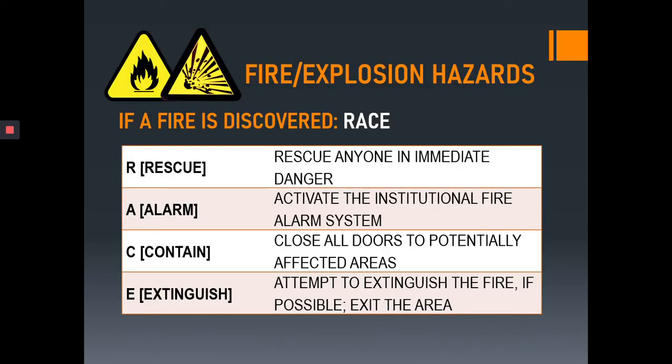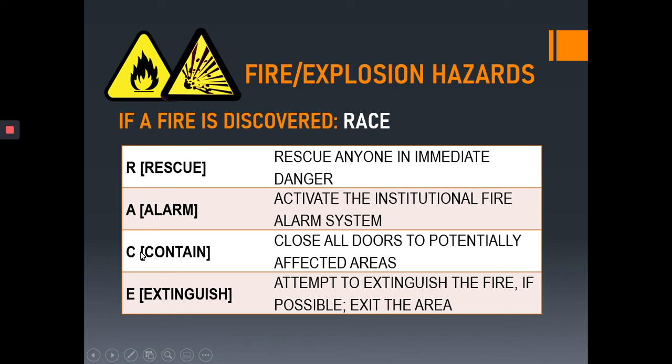Then we have fire or explosion hazard. So if a fire is discovered inside the laboratory, we all know that the most common acronym to use here is RACE. So our RACE, it has a meaning. R means rescue, rescue anyone in immediate danger. A, alarm, activate the institutional fire alarm system.